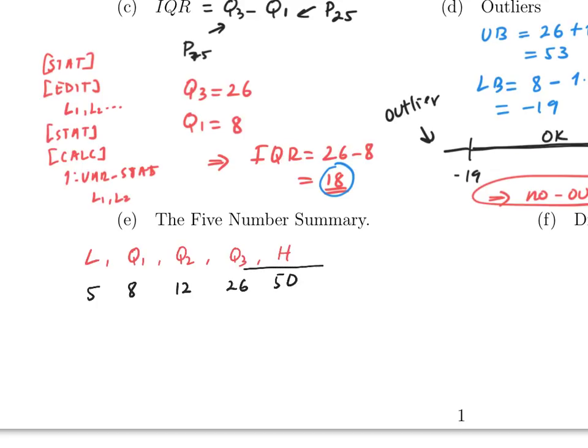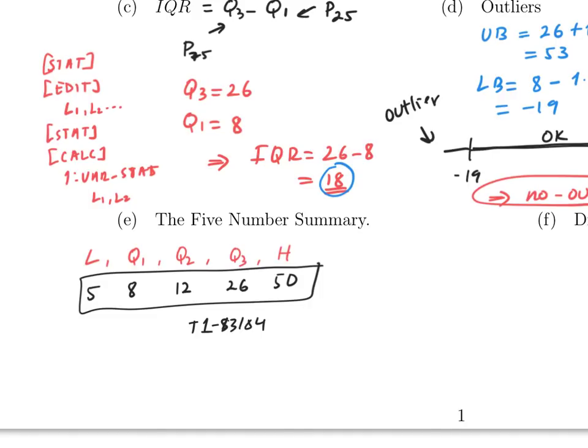Remember, if you have a calculator, a TI-83 or 84, it will find these values for you as long as you use these commands. But this doesn't work for anything besides 25, 50, 75.